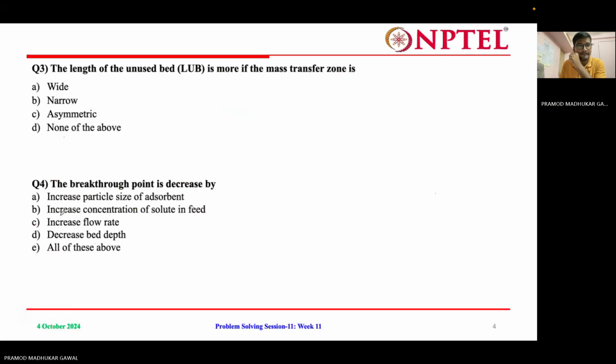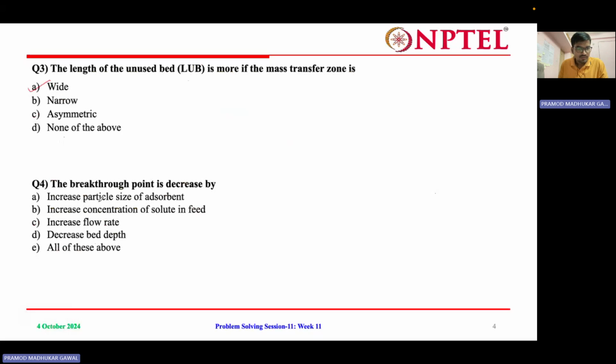The length of the unused bed is more when the mass transfer zone is wide, and vice versa. The length of unused bed is less when the mass transfer zone is narrow. So option A is the correct one.